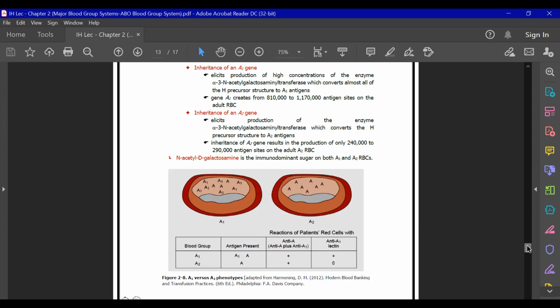Branched A antigens on the red cells. While for your A2 phenotype, class, linear A antigens. We are talking about structure here. So branched A antigens in your A1 phenotype, and linear A antigens in your A2 phenotype.